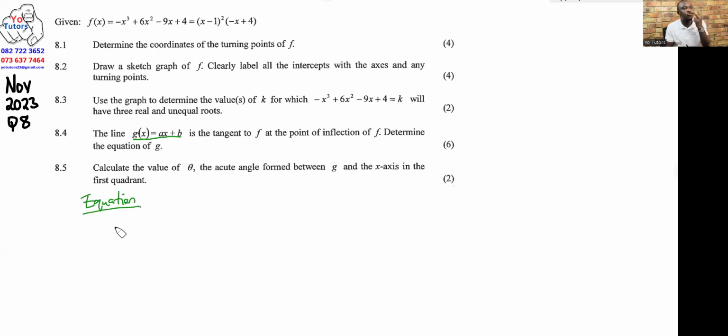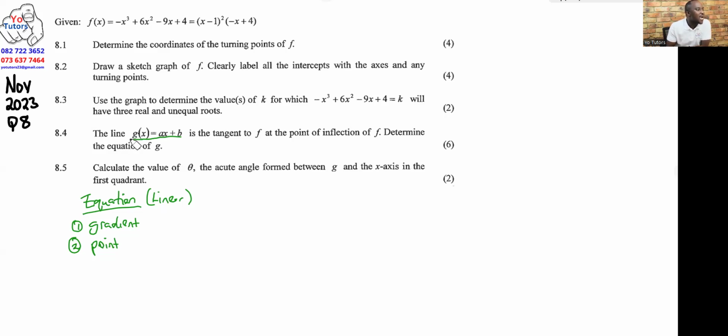You need two things. Number one, you need a gradient. Number two, you need a point. So always for every linear function, you must have these two to come up with an equation. Now the question will be, where do you get these two values?